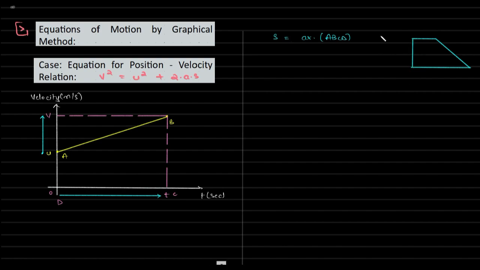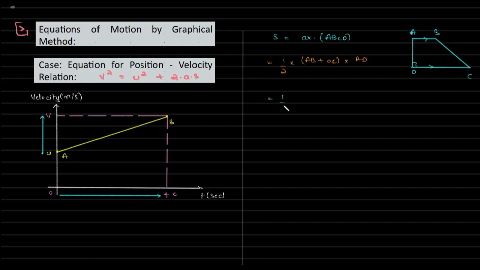Sorry, it's not ABCD, it's ABCO. Here AB is parallel to OC and this is perpendicular. So this would be equal to half into the sum of parallel sides into the distance between the parallel sides.